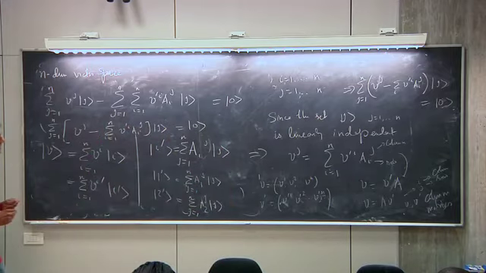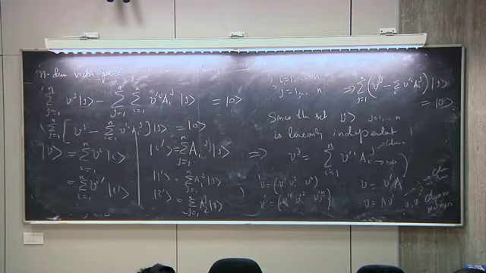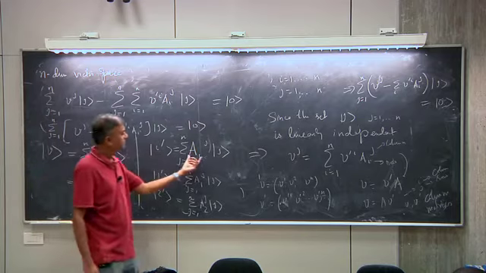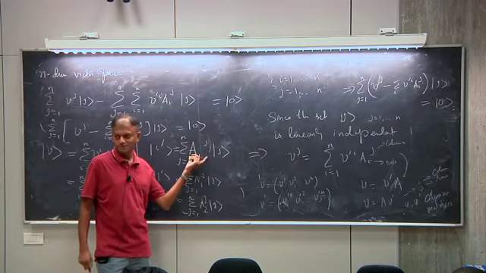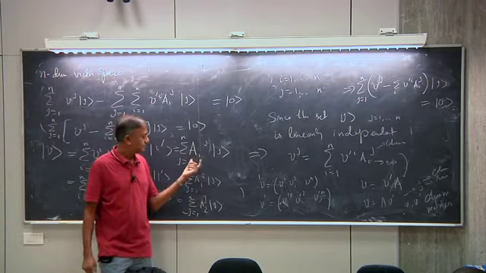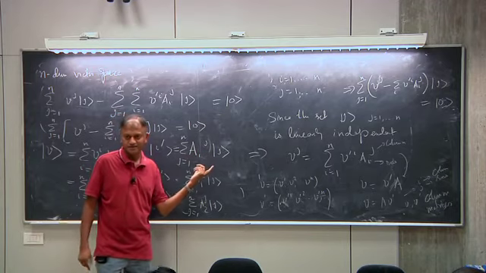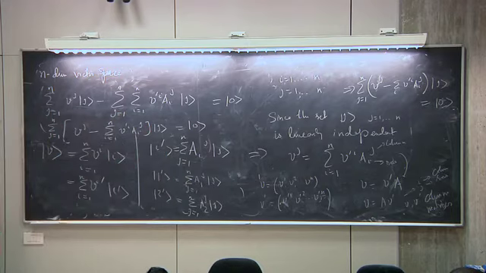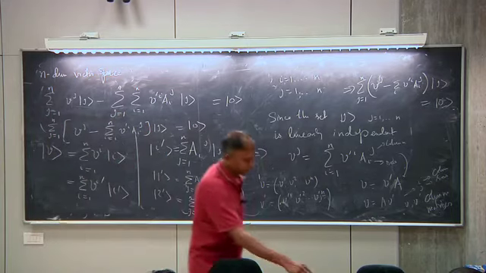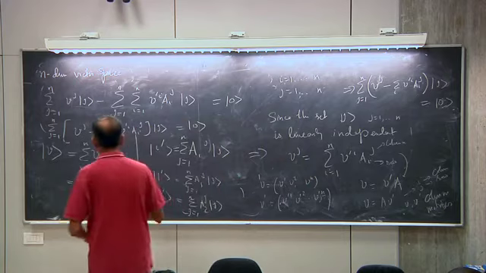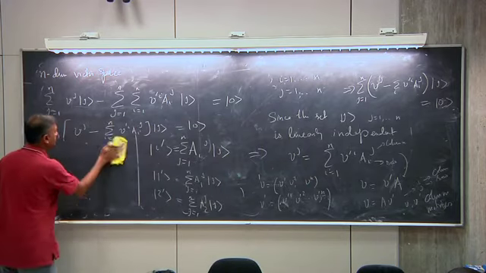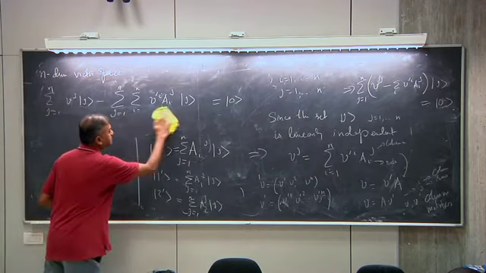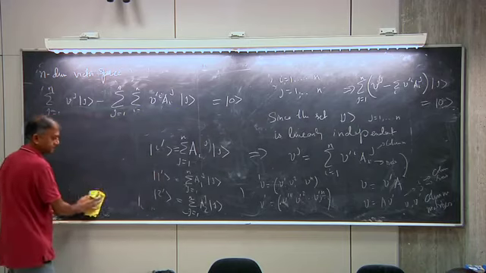Now another thing. Could this matrix be anything? One could ask, is there any condition on this matrix? There is one condition, and that is that this matrix is a non-singular matrix.